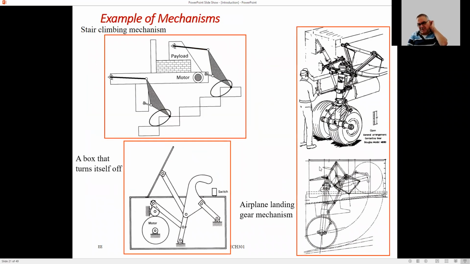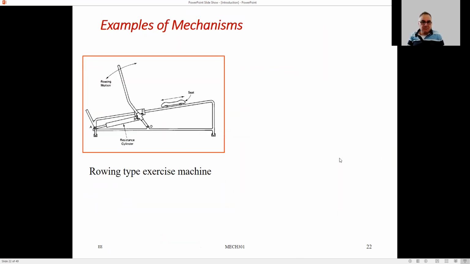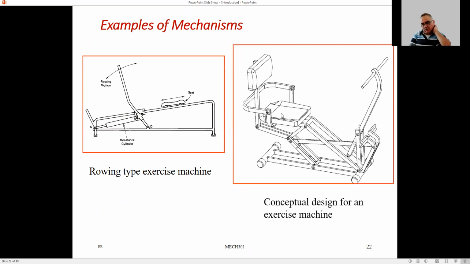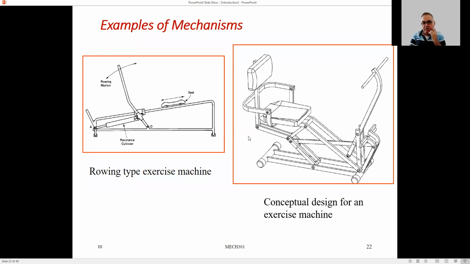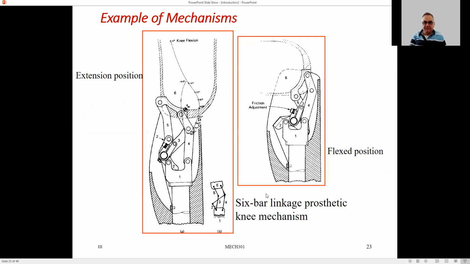So this is complicated and it's not very easy to understand, but it's made up of some hydraulics and it's a certain mechanism. This is an exercise machine in which the person uses rowing. It is again an exercise machine, which is made up of a mechanism, as you see. And here you have a prosthetic knee mechanism for people with injuries.